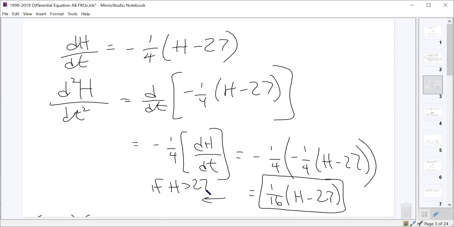What sign will it have? If H is greater than 27, it will be positive. If H is greater than 27, the second derivative is positive. Everybody agree with that? If the second derivative is positive, what does that tell you about the function itself? That it's concave up. Exactly.